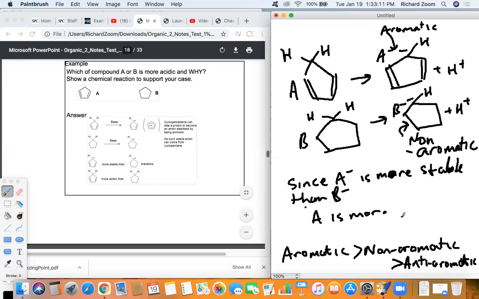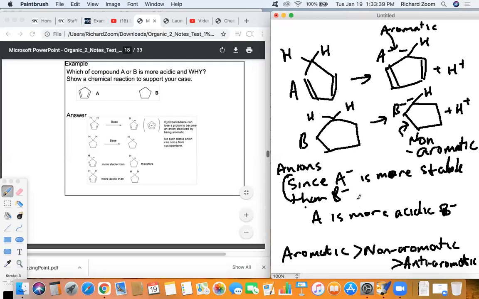And remember that A minus and B minus are different from A and B. That's the anion. Anion is A minus. And B minus. So these are anions here. Is that all right?